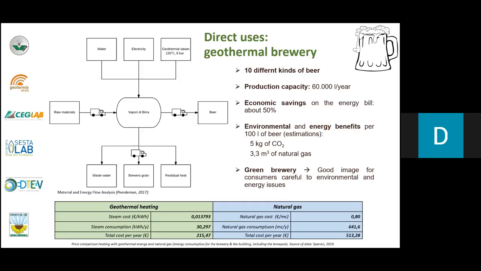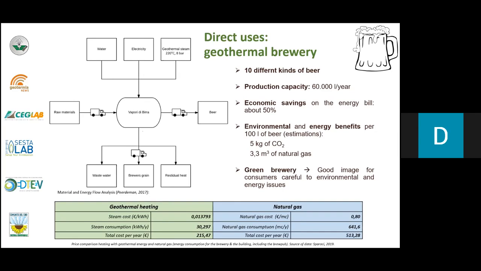And in all cases, we saw that there are economic savings and a return of image, because if you use geothermal energy, for example, for the brewery, for the beer production, you can say that you are a green brewery, and this could be a good image for consumers that are careful to environmental and energy issues.